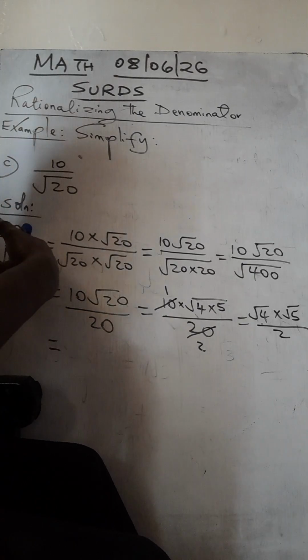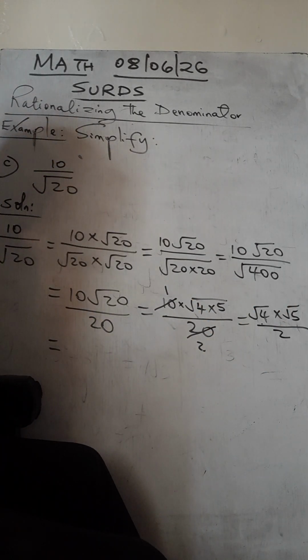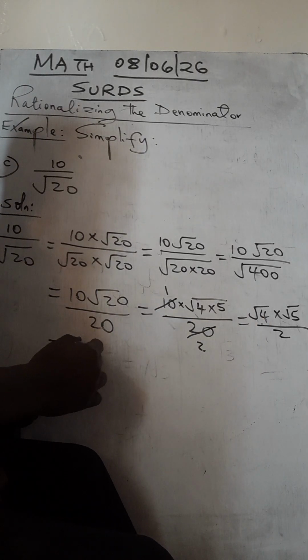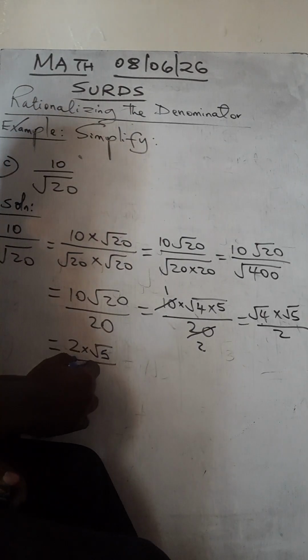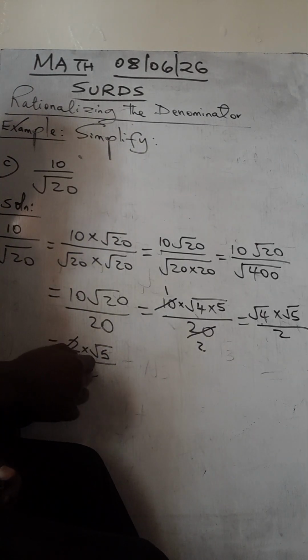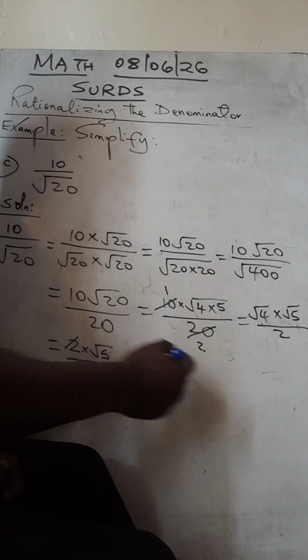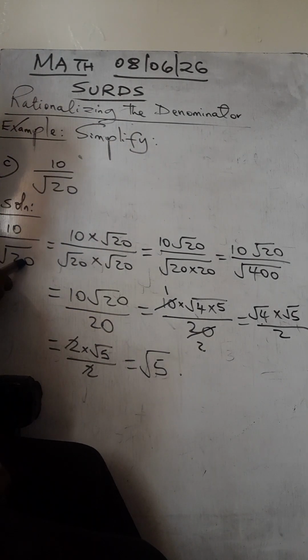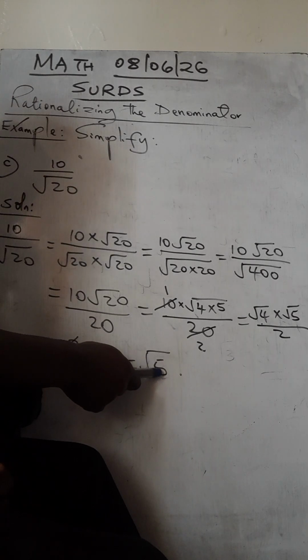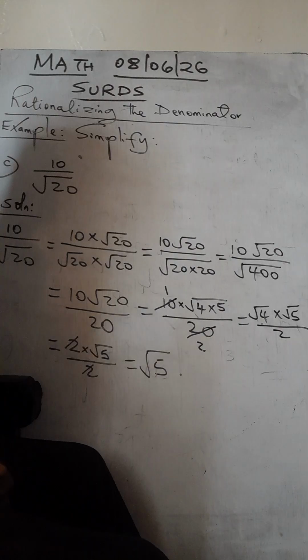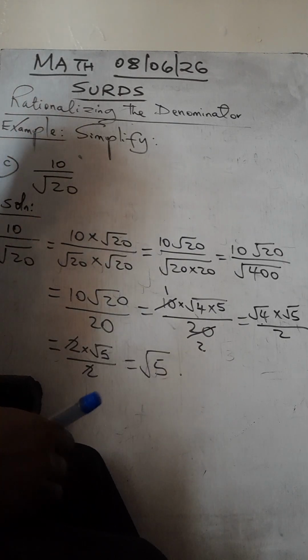So square root of 4 is 2, then over 2, 2 will cancel 2. Now we have root 5 as the answer. So 10 over root 20 is the same as root 5. You can check with your calculator. You do this one separately and you do this one separately. You're going to get the same decimal answer here and here. Okay?